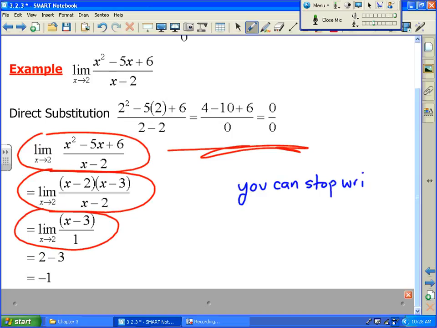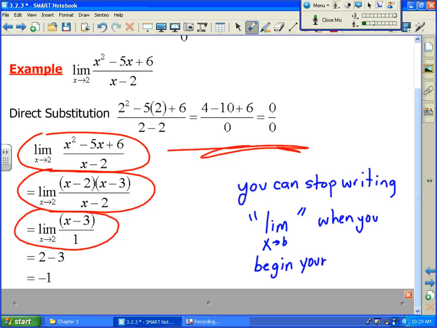You can stop writing limit when you begin your substitution. It's very important that you guys follow this.